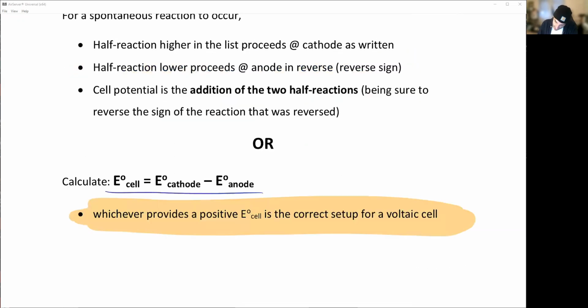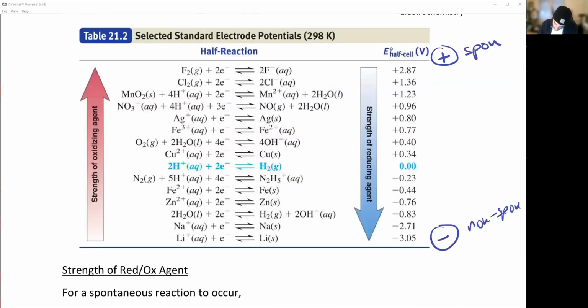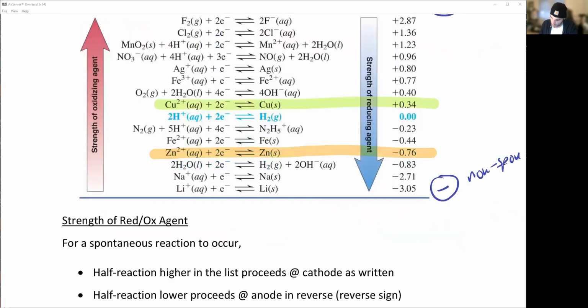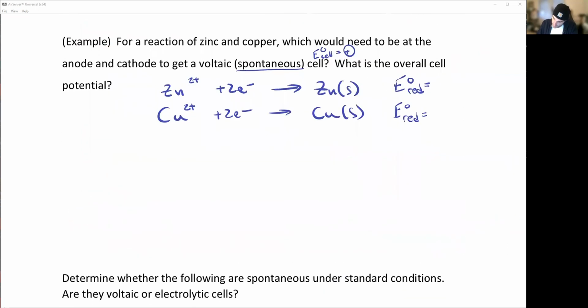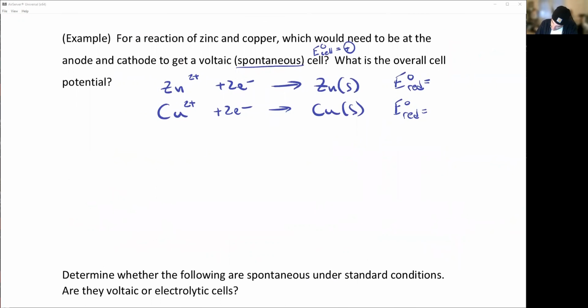If we go back to this table, we see that zinc is negative 0.76 volts and copper is positive 0.34 volts.